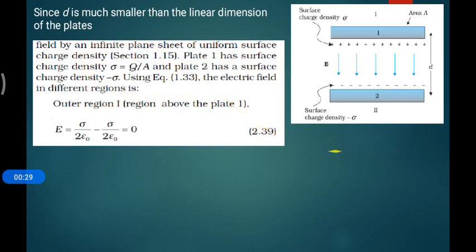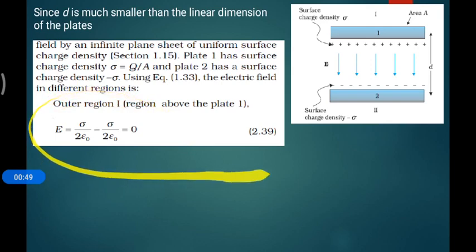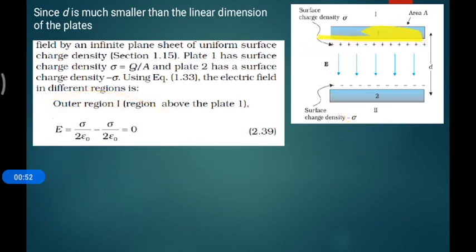Then here we have three regions. Let me introduce the three regions. This is region 1, this is region 2, and this is region number 3. Region 2 is in between the two plates, inside the capacitor. Let me find the electric field in the outer region 1 of the capacitor. The electric field due to one plate is sigma upon 2 epsilon 0, which we are aware of from the previous slide.